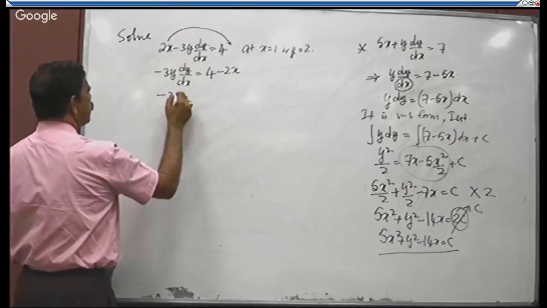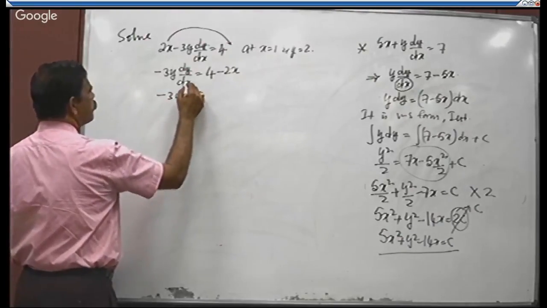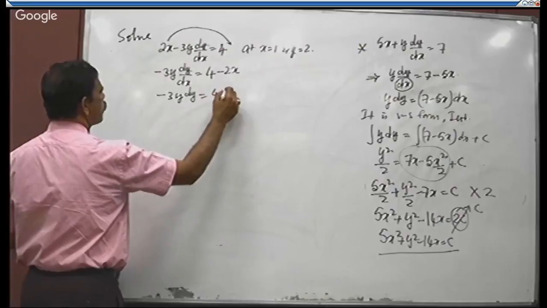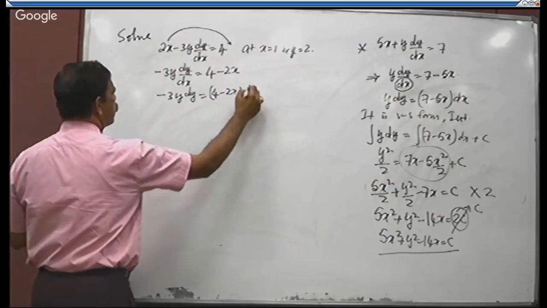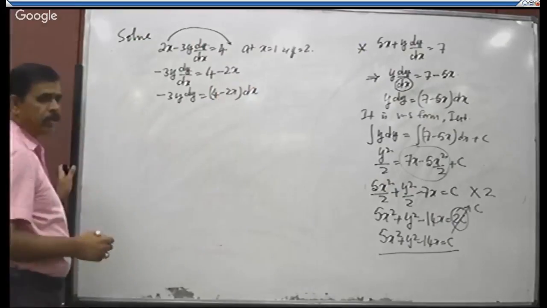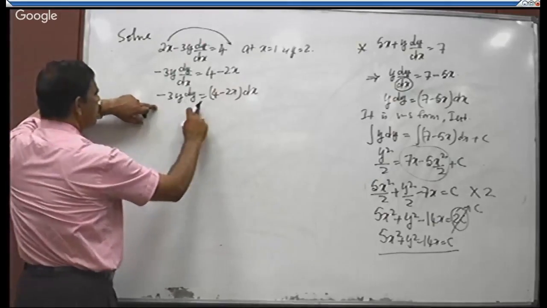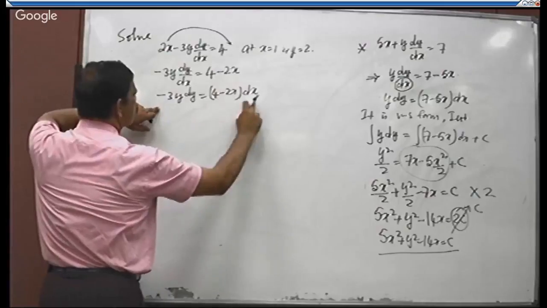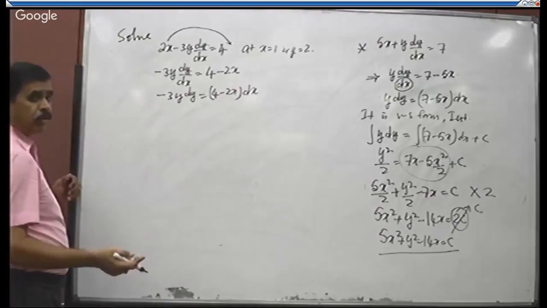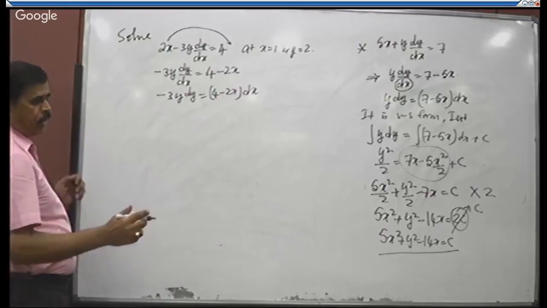Then just send this dx to the right side. Cross multiply it. Now this becomes what? Variable separable form. Only y with dy, only x with dx. Constants may be included for x or y, right?